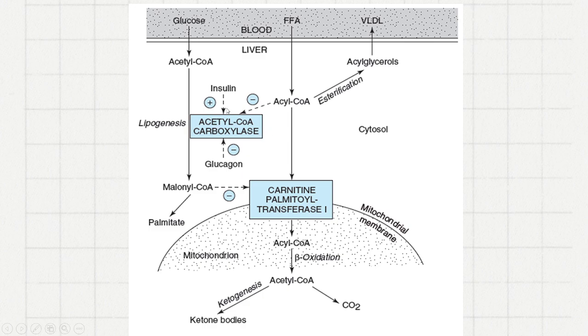Acetyl-CoA carboxylase here is activated, as we said, by insulin and inhibited by glucagon, and inhibited also by free fatty acids in the circulation. On the other hand, when there is starvation, free fatty acids will be high, and instead of being esterified, they will inhibit the process. They inhibit the enzyme acetyl-CoA carboxylase, they inhibit lipogenesis in general, and they will favor fatty acid oxidation.